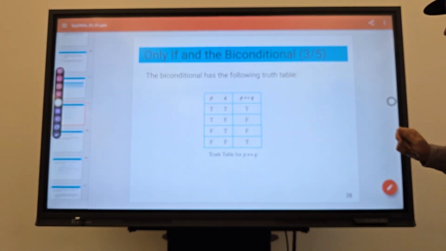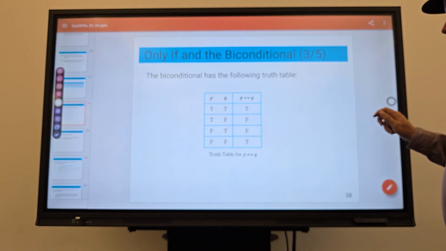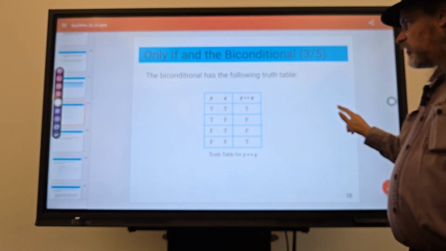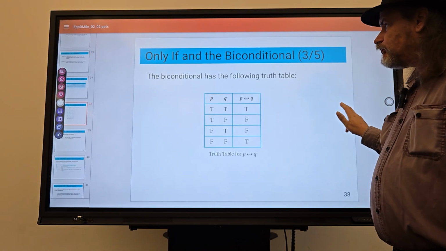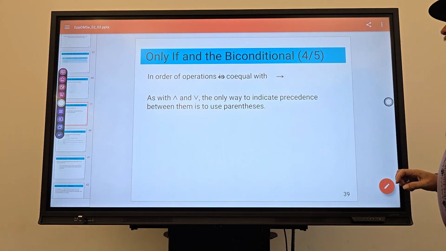It is the circuit equivalent of this setup here.